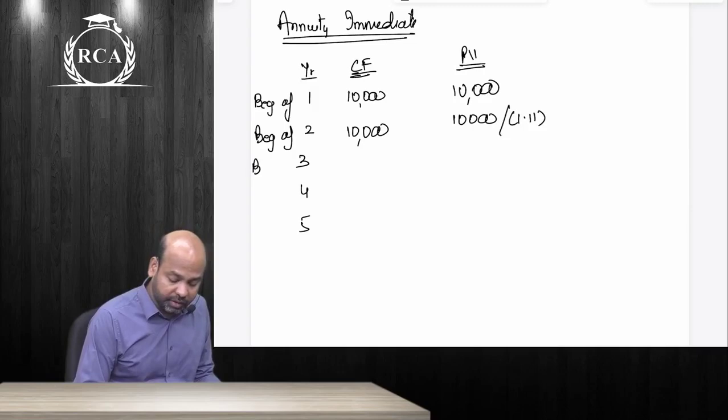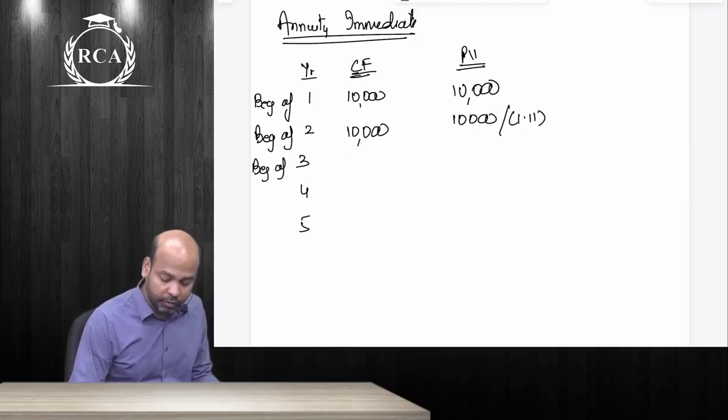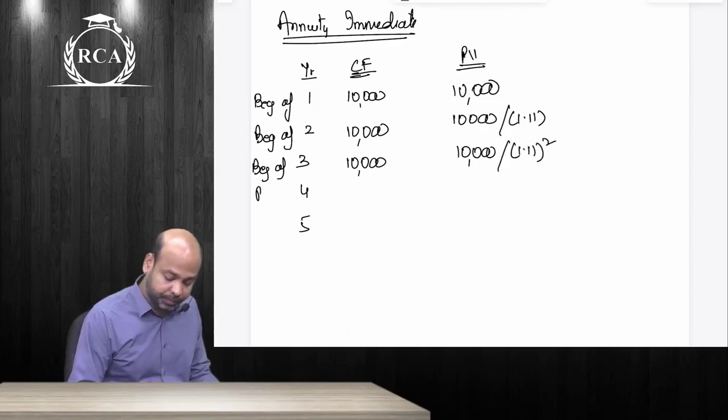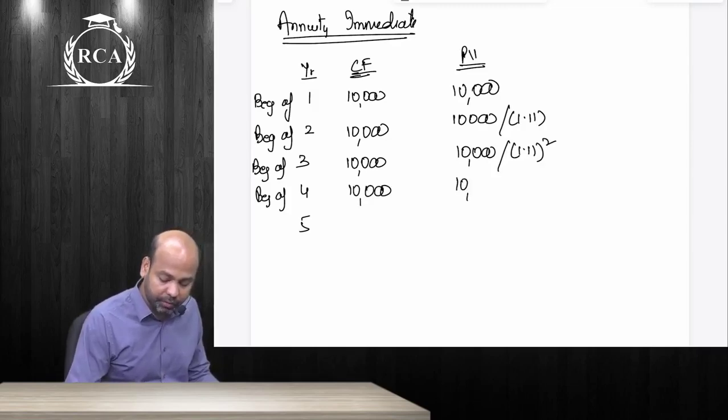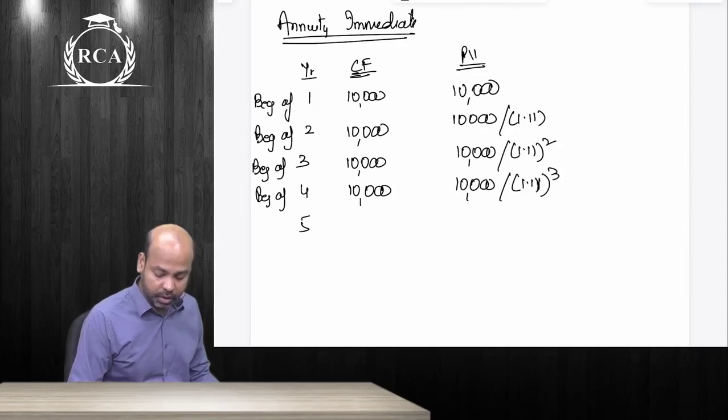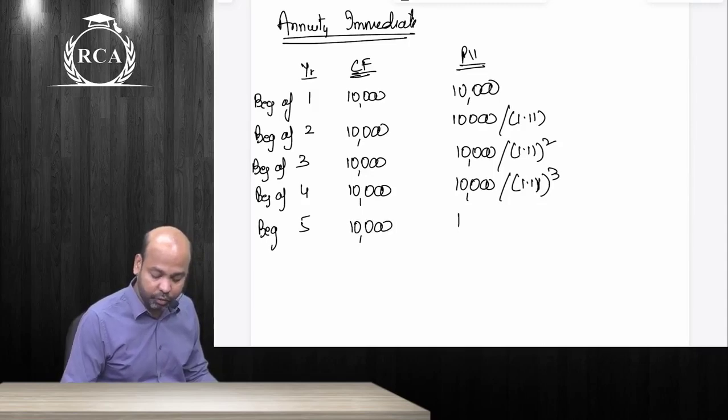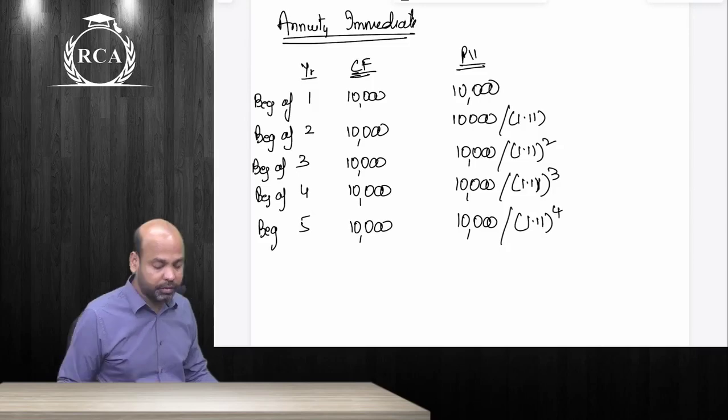If you are receiving something at the beginning of year 3, that is as good as end of year 2. Likewise, at the beginning of year 4, that will be 10,000 divided by 1.11 whole power 3. At the beginning of year 5, that is as good as end of year 4, so you write 10,000 divided by 1.11 whole power 4.